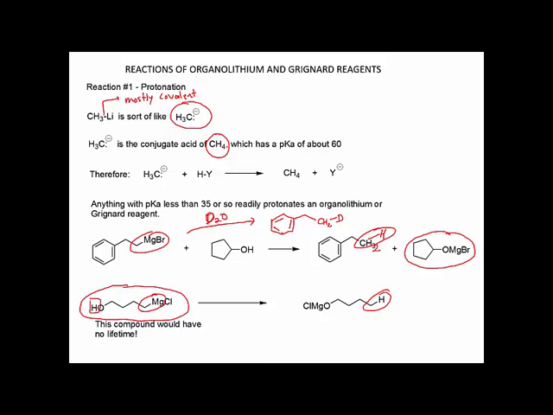Because it's not truly a free anion, it doesn't just randomly exchange protons with everything. The proton has to have some level of acidity before it can be removed with the Grignard reagent.